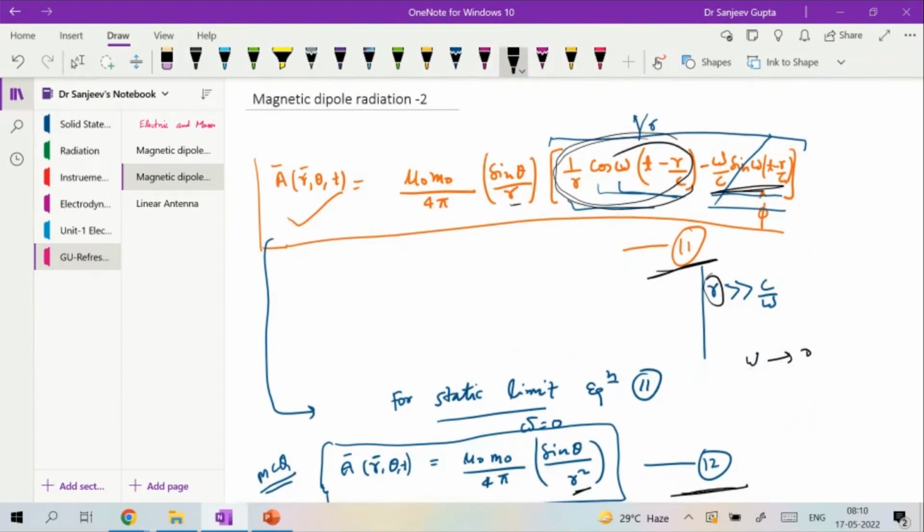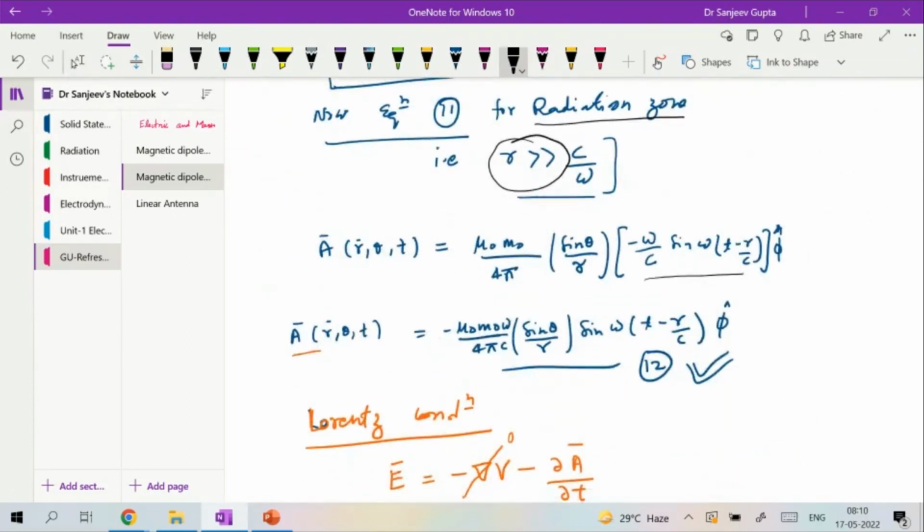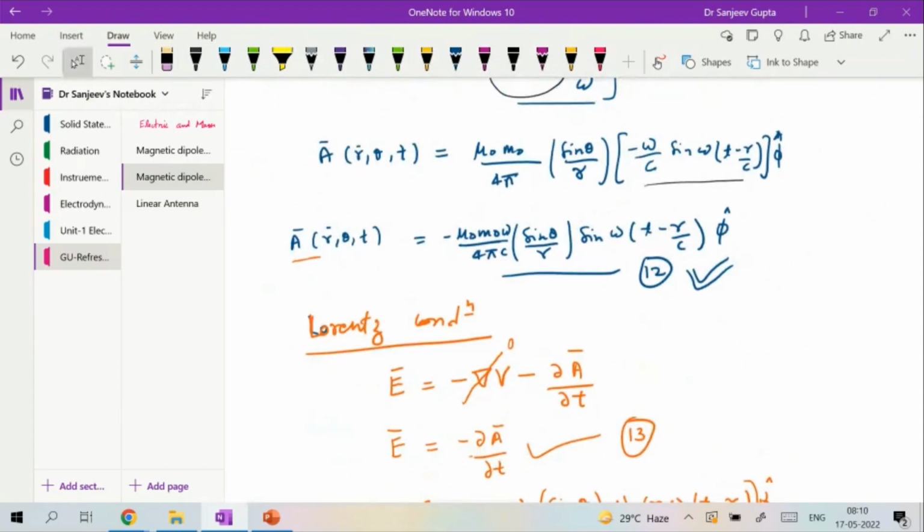You will have this term, and that is φ dependent. So lastly, I get finally the vector potential in terms of μ0 m0 ω/4π c sin θ/r sin(ωt − r/c), and that is φ dependent. This is equation number 12, which gives the vector potential. And we know that the scalar potential is zero.